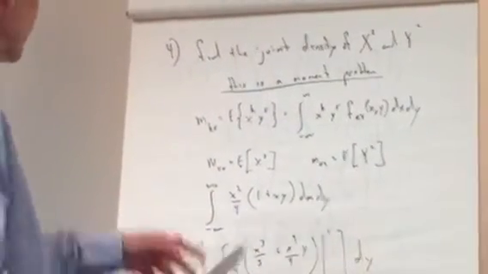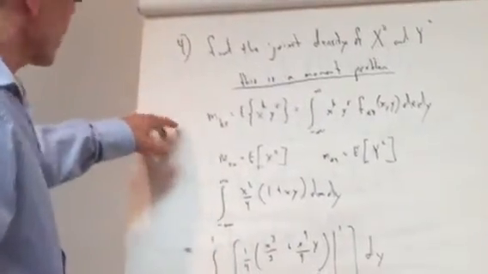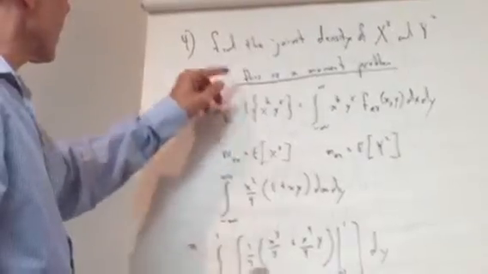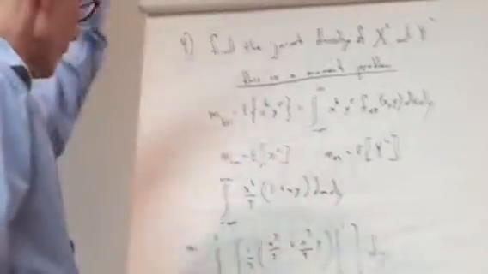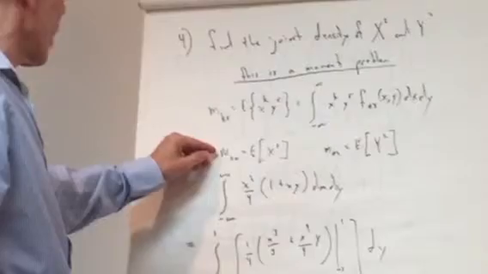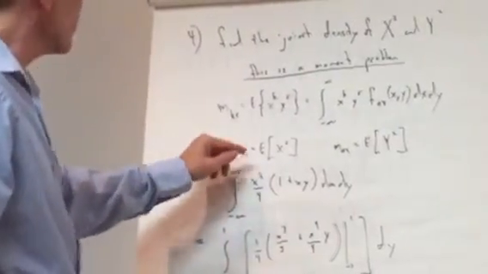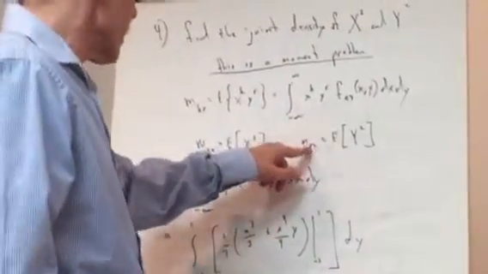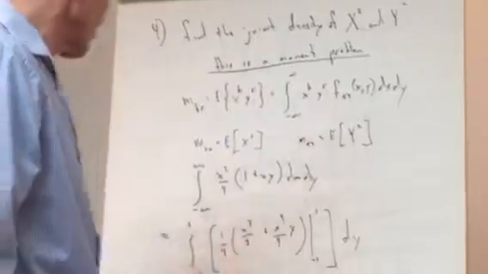Page 214 does a nice job of defining this, with little m_r, and it leads to the fact that m20 is what we want. That's the expected value of x squared, the second moment of x, and the same with y: m02, the second moment of y.